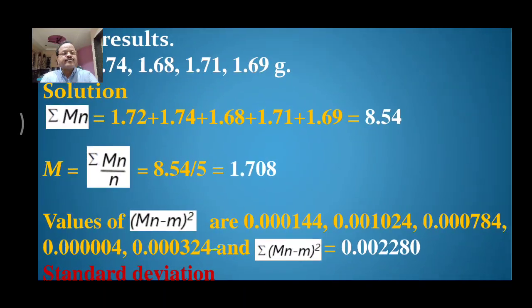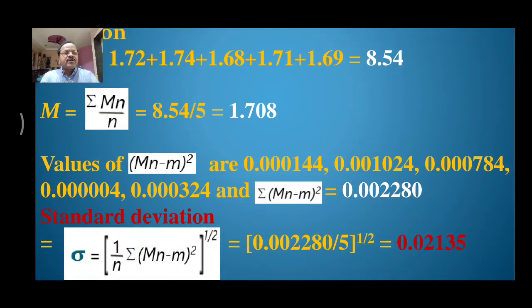Now the summation of Mn minus m square. So the sum of all these Mn minus m square values comes to be 0.00280. Now just insert all these values in this formula to find out the standard deviation, that is rho is equal to 1 by n. Here n is equal to 5, total number of results.